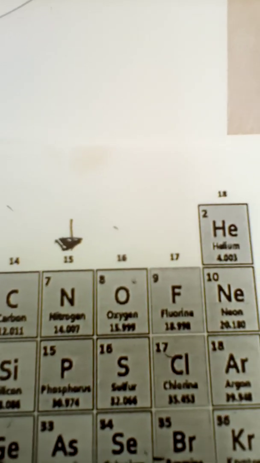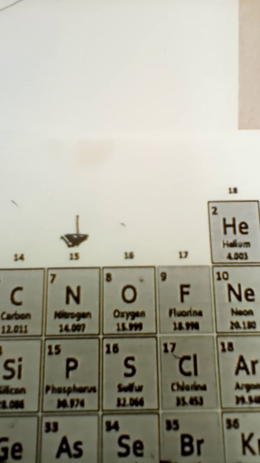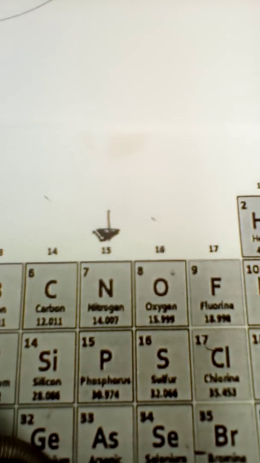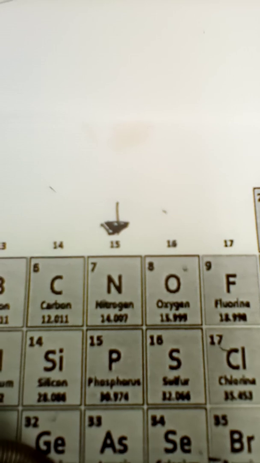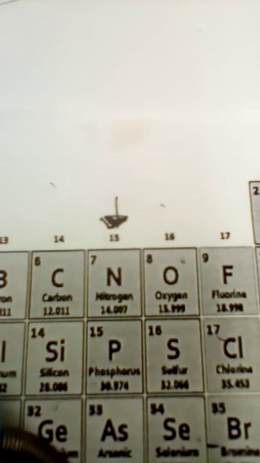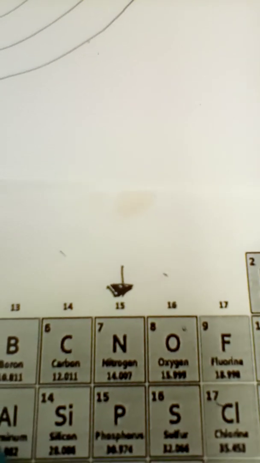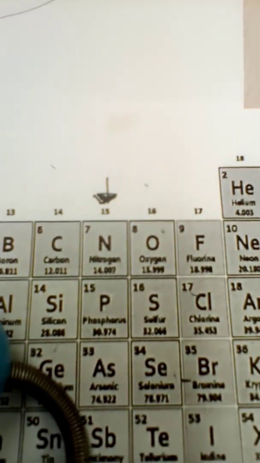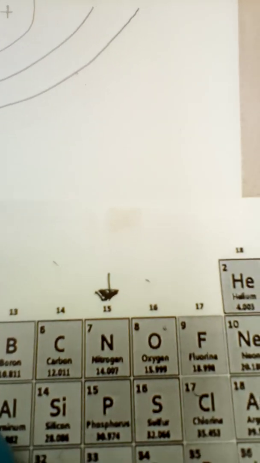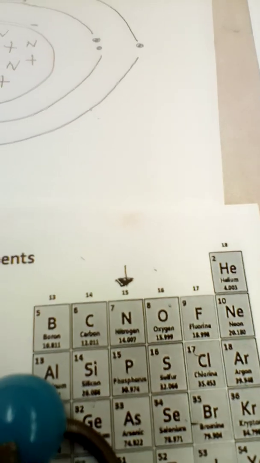You're in group 17, or 7, thus 7. You're in period 3, so you're going to have 3 shells. Sulfur, you have 6 electrons in the outer shell, occupying 3 shells. All right, so some of you chemistry students have already had that, but I just wanted to review it and teach it for the first time to some of you other guys.